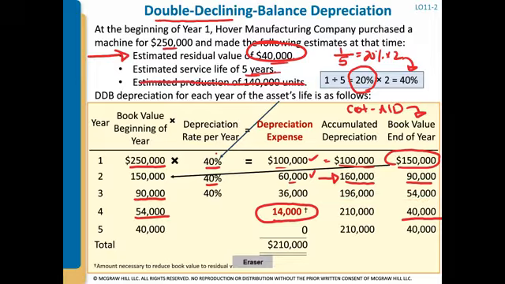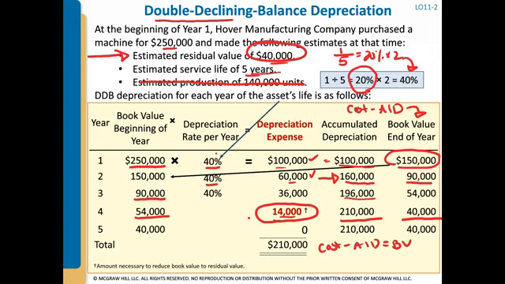So if we look at year three, accumulated depreciation was 196,000, and then we take year four depreciation expense of 14,000, which gives us our year four accumulated depreciation of 210,000. Now, our cost minus accumulated depreciation equals our book value.